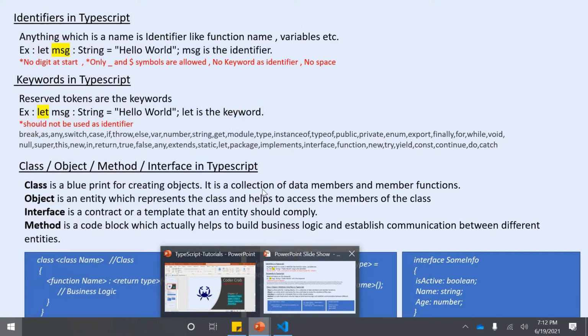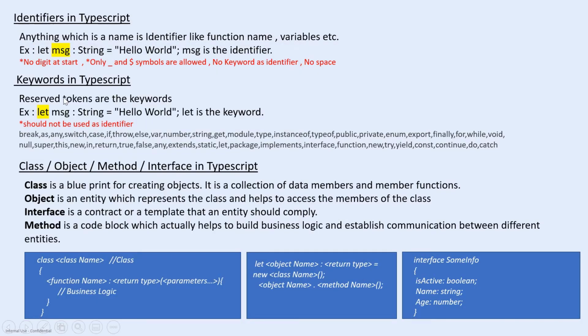Before that we should know what a keyword is. A keyword is nothing but a reserved token, a word reserved by the language, because the language also has all the features, right? Without using these reserved words, the language cannot define itself. To make the syntax easier for people, they have defined these keywords which have some meaning in the language.